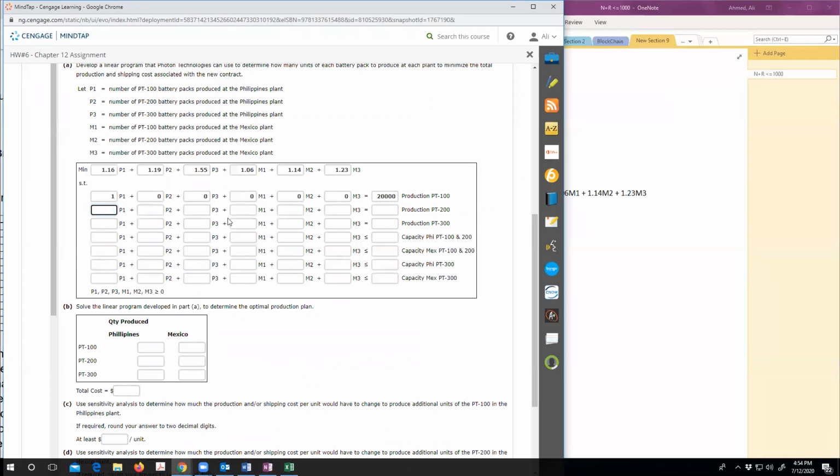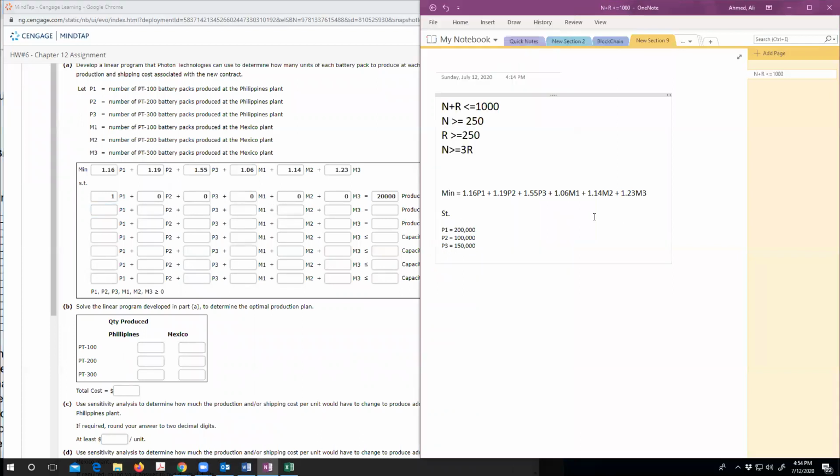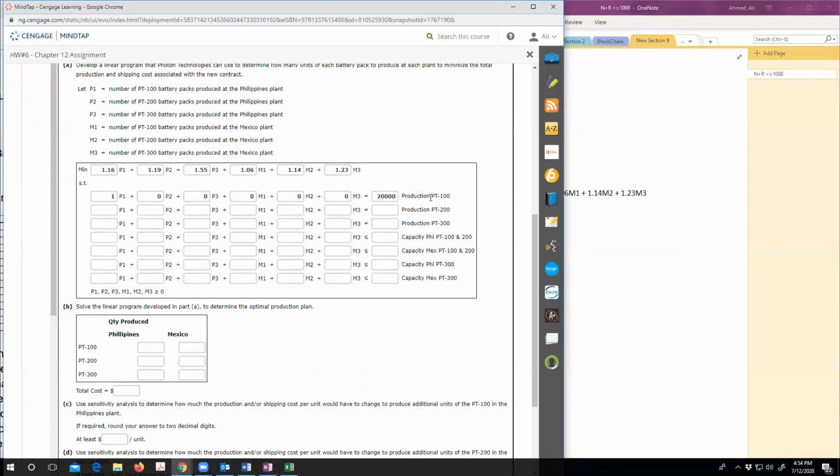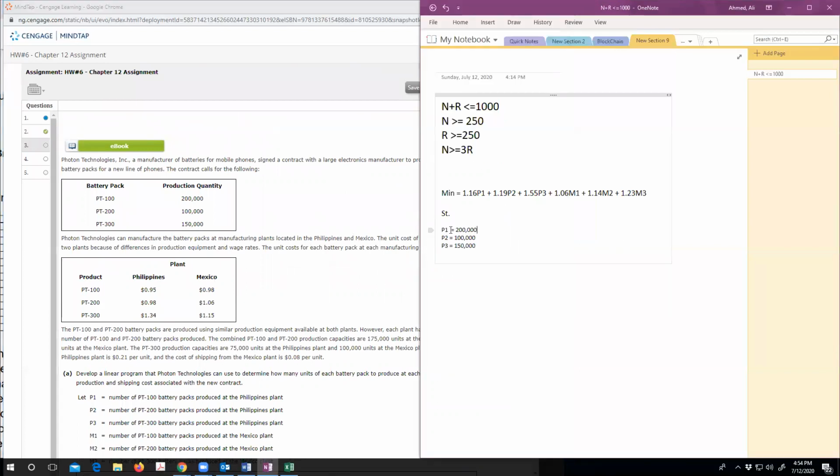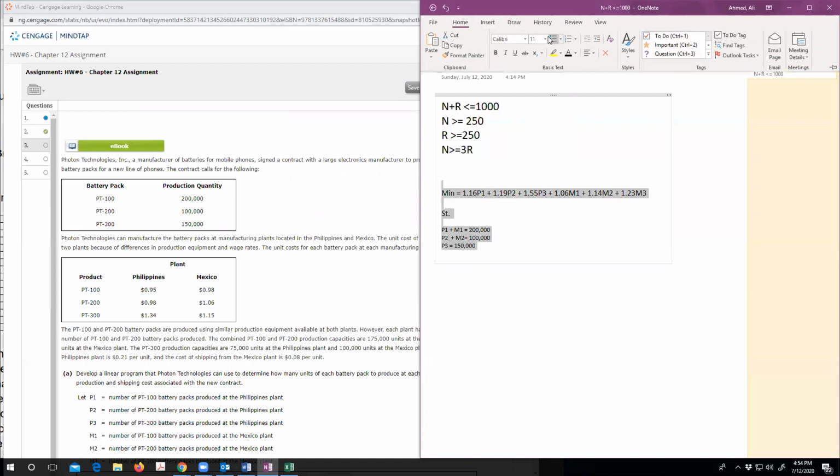All right, so there's one more point. P1 is only the production in the Philippines. They're talking about PT 100, which can be made in both countries. So we have to put P1 plus M1, and M2. Getting my point? So this is important. We should focus.